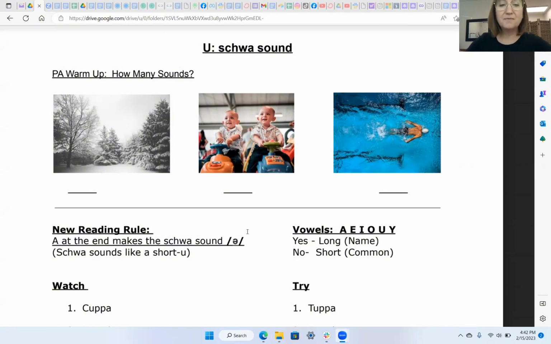We have t, w, i, n, s. Your mouth and your tongue are doing something different 5 times. Twins has 5 sounds.